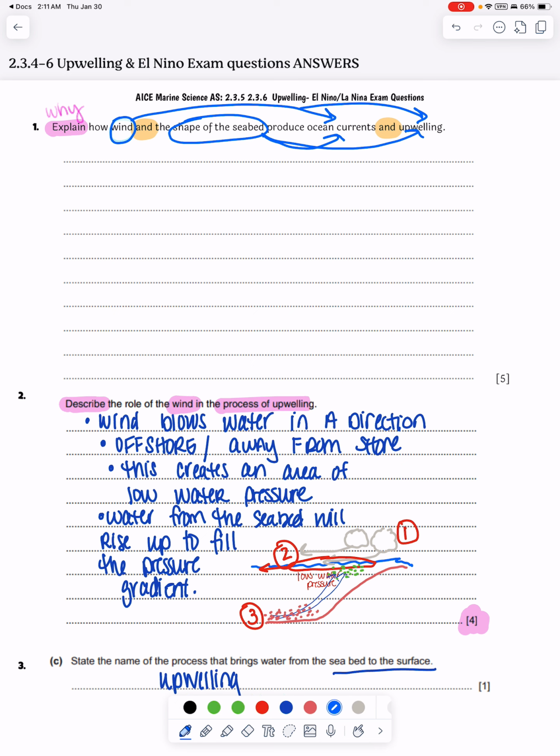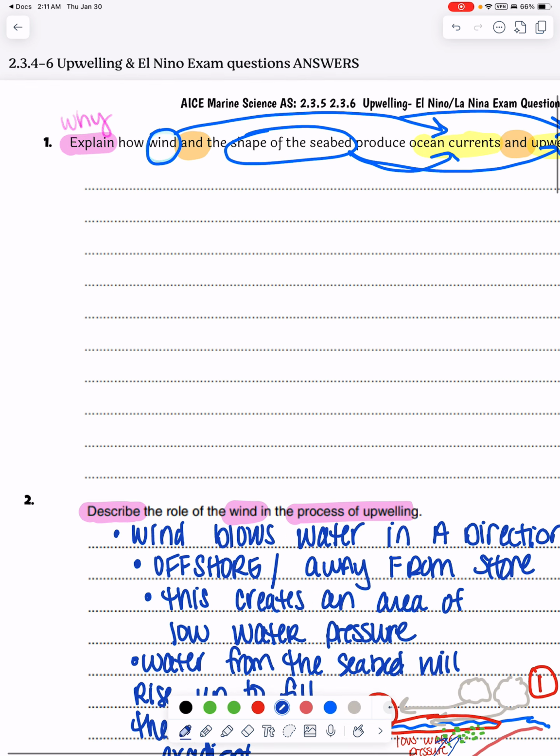If you're not sure where to start, this is a great place to start. We have two things we can do a definition for. You can do a definition for current, and you can also do a definition for upwelling. And we have currents are the continuous movement of water in a direction.